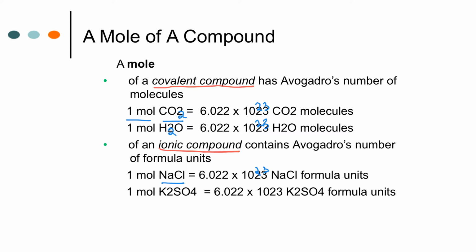Okay, same thing for K2SO4, potassium sulfate, 6.022 times 10 to the 23rd. And I'm sorry that these didn't convert over from my Google Slides correctly. Hopefully you can see how these numbers should be subscripts and exponents up here. So anyway, again, you can see how we can use this as a conversion factor.